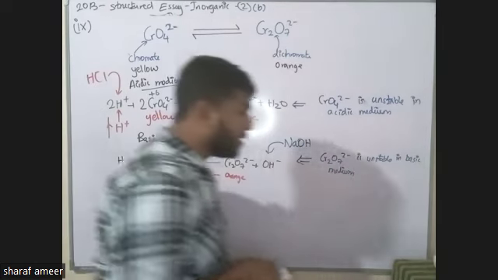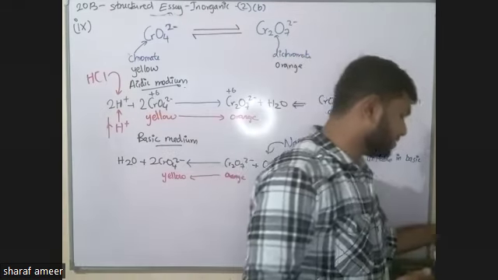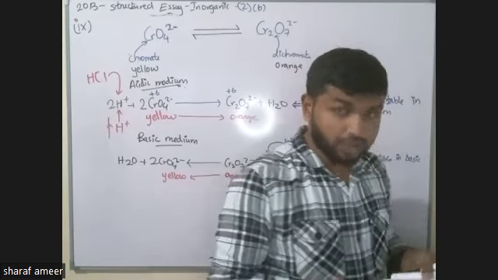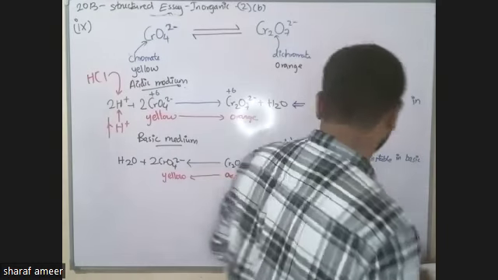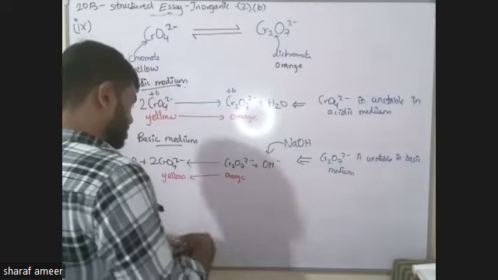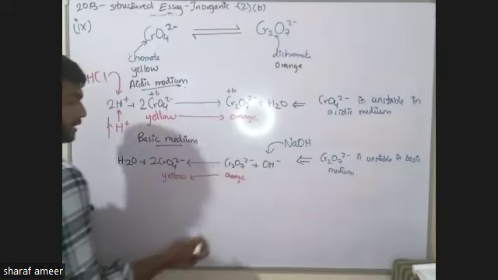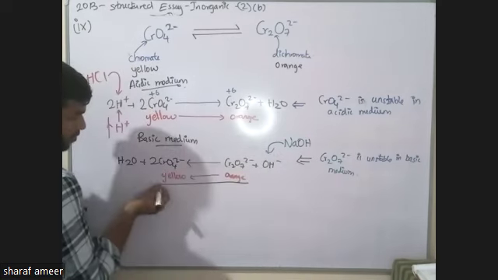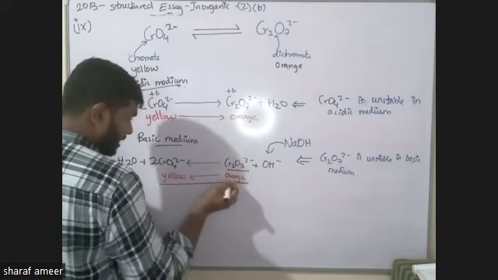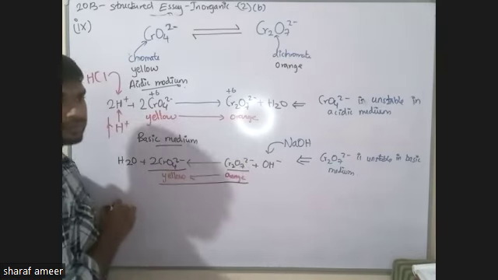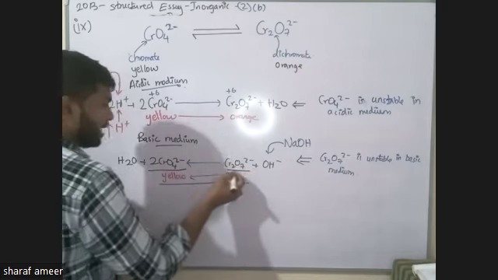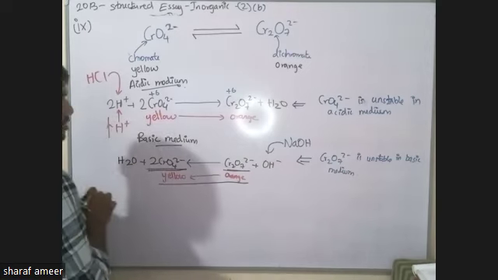So what is the question they have asked? What would you observe when dilute NaOH is added to potassium dichromate? Keep in mind, once you add NaOH, you will see a color change. That orange turns to yellow. Why did it happen? Because dichromate changed to chromate. They have asked for observations.